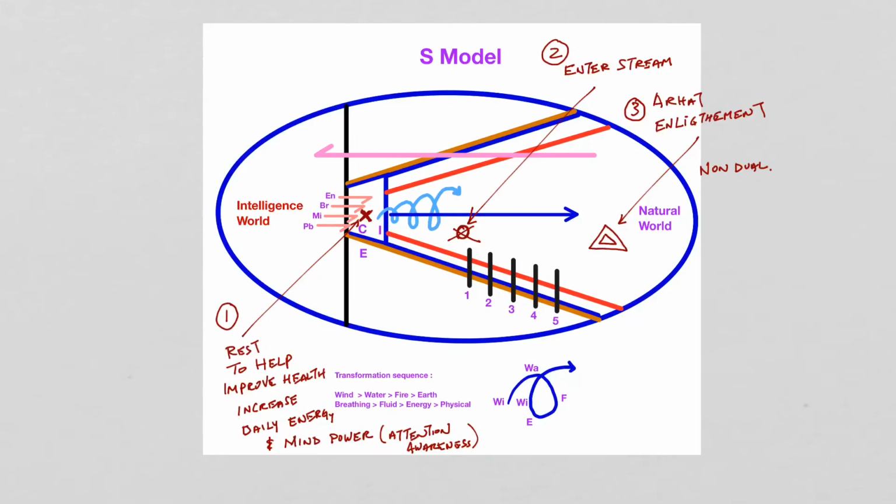Now, when you use the S model, it's actually pretty simple. For example, if I have a goal to rest, to help improve health, increase daily energy and mind power, like better attention and awareness, then I would like to be in this state here, so that I can achieve the result of my goal.